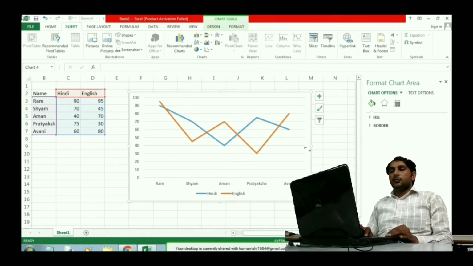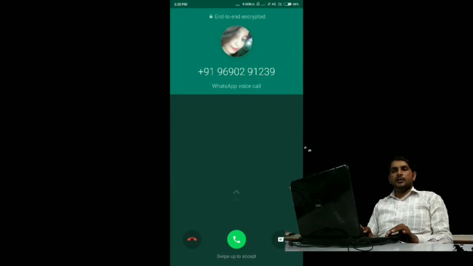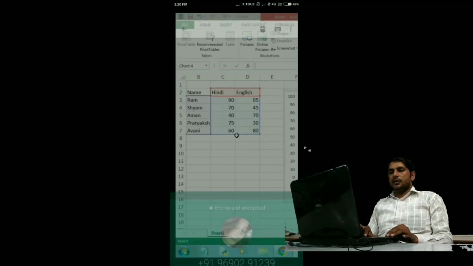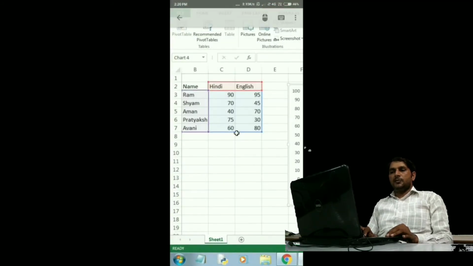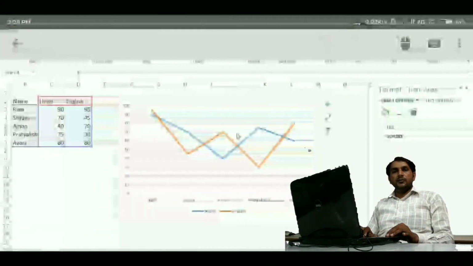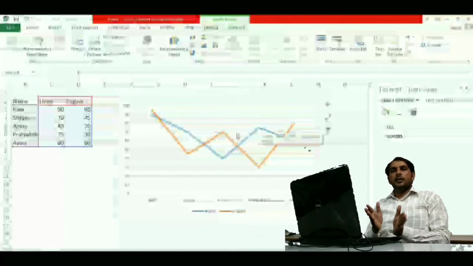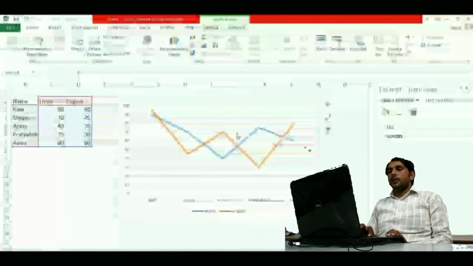First, this point in the blue line implies Ram's Hindi marks, and the second point is Shyam's Hindi marks, and Aman got 40 Hindi marks. Next, Pratyaksh got 65 marks, and these points are indicated where the line is tilted.